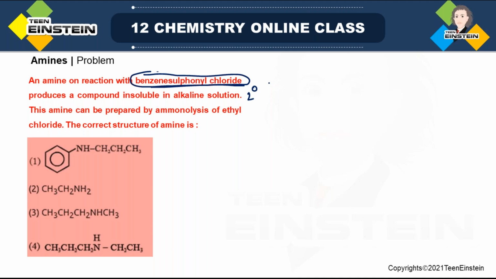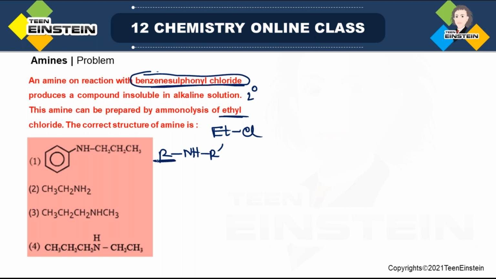The second information is this amine can be prepared by ammonolysis of ethyl chloride. Ethyl chloride means ethyl group, then Cl. So this information proves there must be an ethyl group attached to nitrogen. This is 2 degree. Obviously the format should be like this, RNHR', if both the groups are not the same.